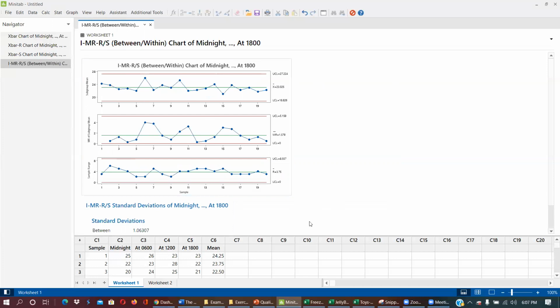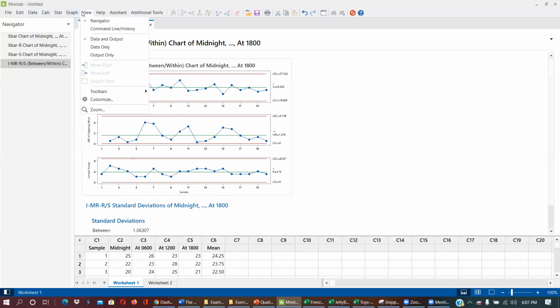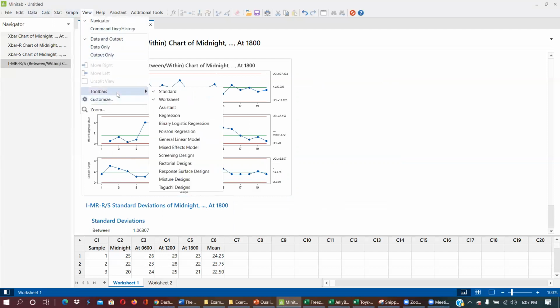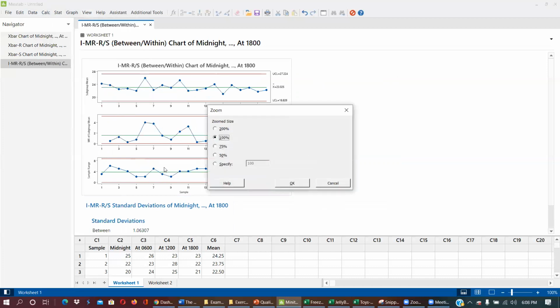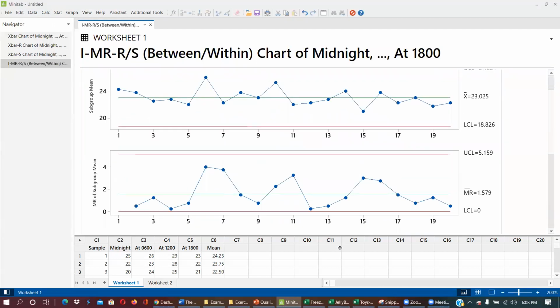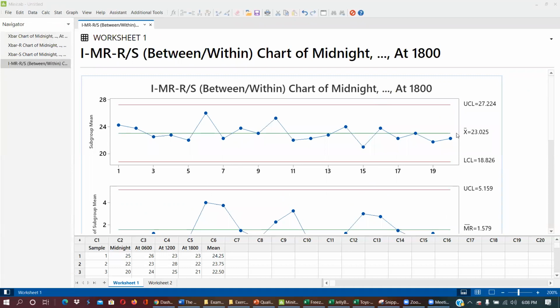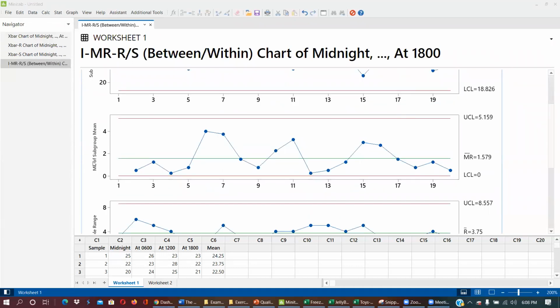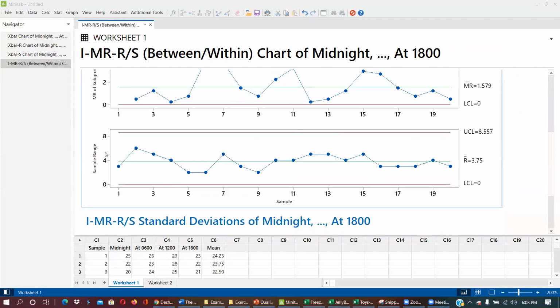Let me make it bigger, view. So this is subgroup means, which we have just seen, and MR is this, you can see.